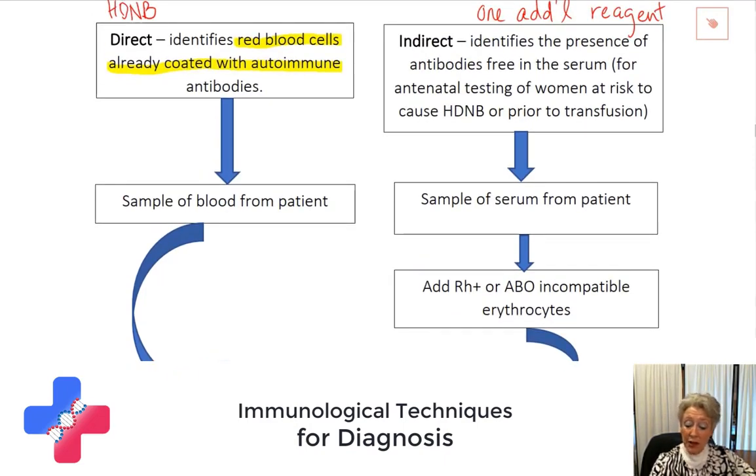So this would be done to test the mother, but to ask the question, for example, is a multiparous woman who's Rh negative, is she safe, or do I need to counsel her that the chances of her causing a very bad disease in her fetus should be reason for concern? So the indirect assay is going to look for antibodies in the serum of the mother. And I need to start with that sample of serum from her.